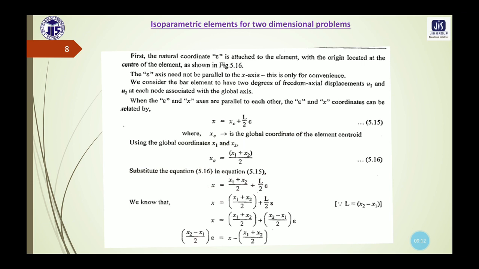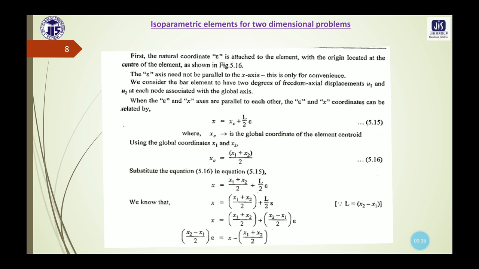Now when the natural coordinate epsilon and x-axis are parallel to each other, then epsilon and x coordinates can be related by this formula, that is x equals xc plus L by 2 into epsilon, which is equation number 5.15.